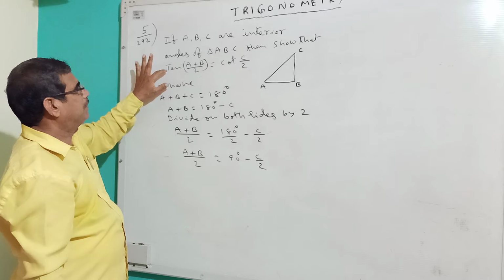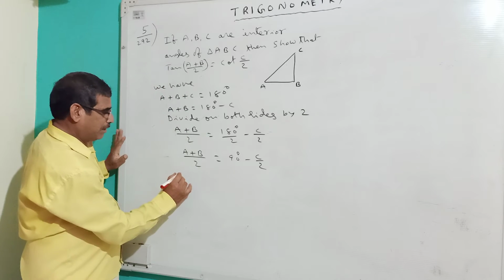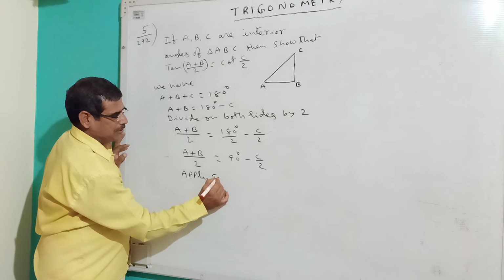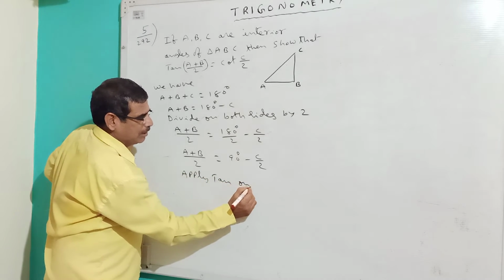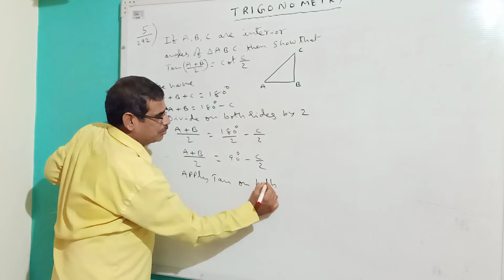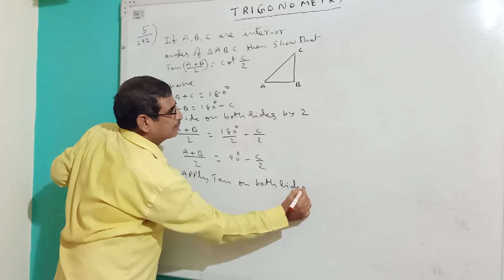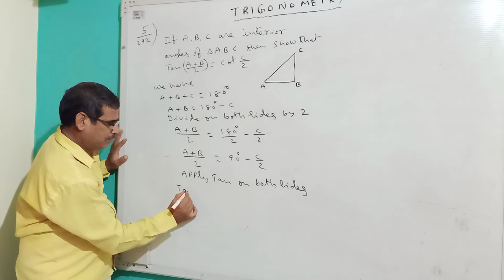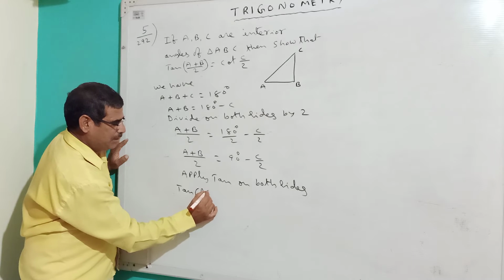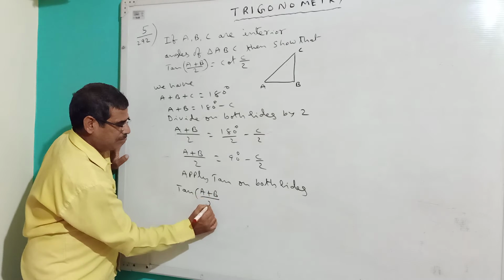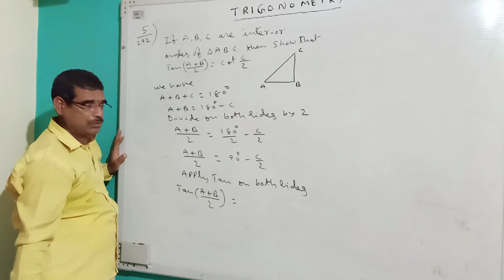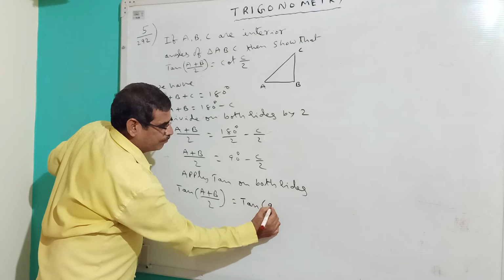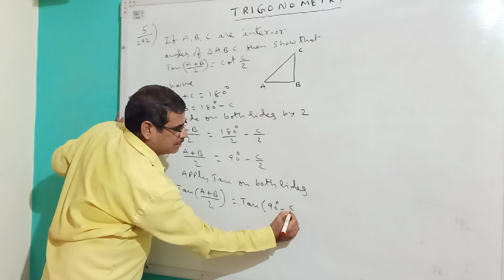Next, here tan is there. Apply tan on both sides. So tan of A plus B by 2 is equal to, here also tan on both sides, tan of 90 degrees minus C by 2.